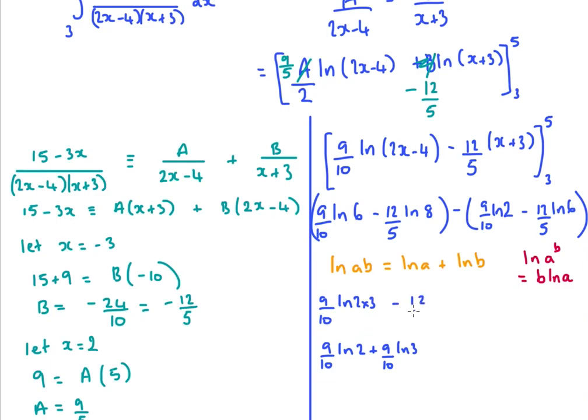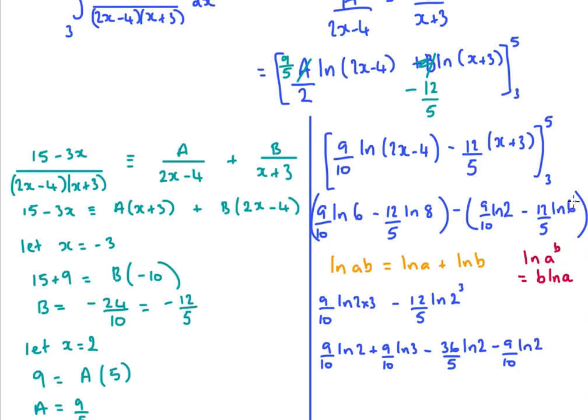So I'm going to have minus 12/5 times the natural log of 2 cubed, and then I can bring this 2 to the front. So that's going to be minus 36/5 times the natural log of 2. So that's where we've got our natural log of 2 from. We've already got our natural log of 2 here, so I don't need to do anything with that.